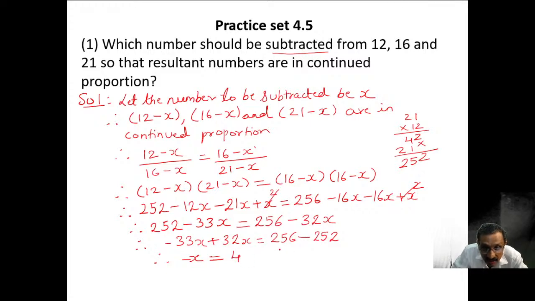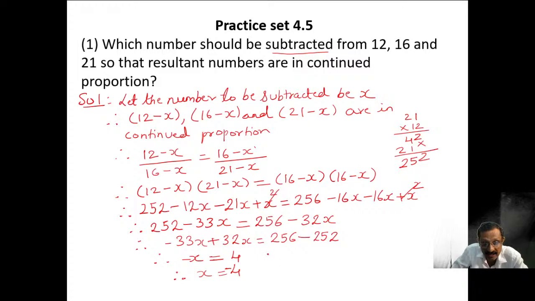Here, the sign of the greater number is plus, so we keep it as it is. Therefore, x is equal to 4. We get x is equal to 4, but with the subtraction sign, minus 4. So the number to be subtracted is what?